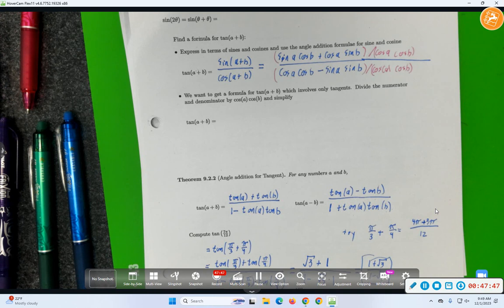Anyway, there's nothing fancy that I just did. This is just, I guess, the process you would use to prove this trig identity.